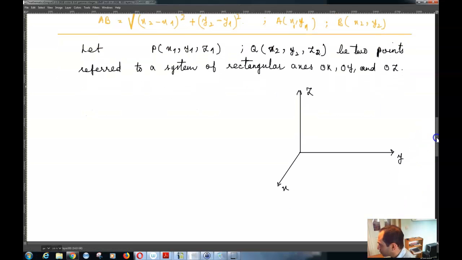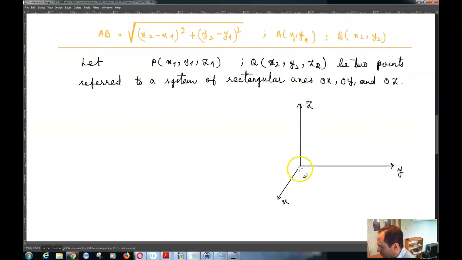And this is point O, so this is OX, OY and OZ.